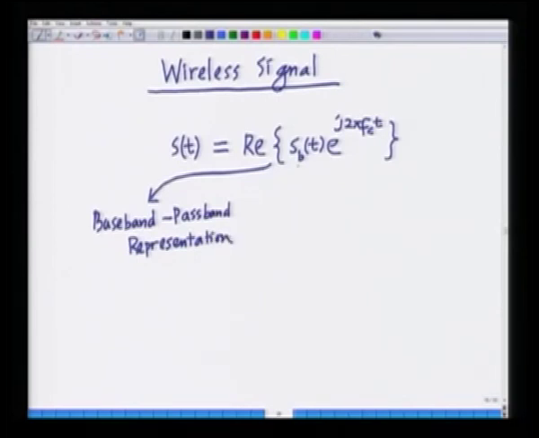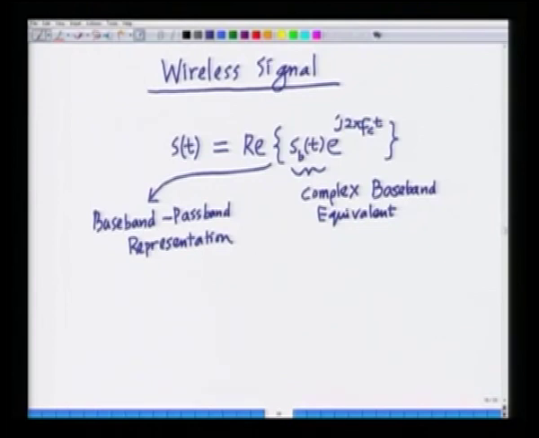And in fact, S B of t is known as the complex baseband equivalent of the passband signal S of t.